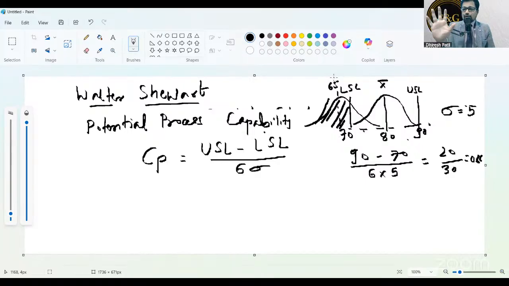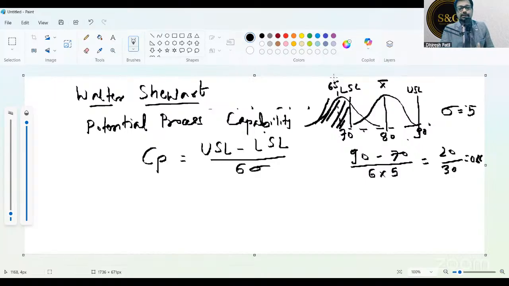The original tea stall vendor went to his native place for a week, and now a new guy came and he started delivering some thanda chai. So the standard deviation has not changed, but X bar has moved. The standard deviation is the same, which is 5. Specification limits are the same. What will happen to Cp, the potential process capability?